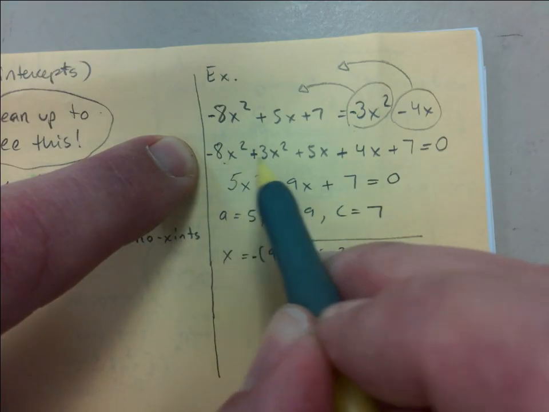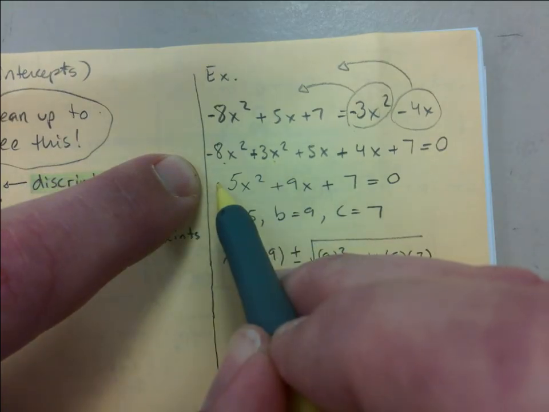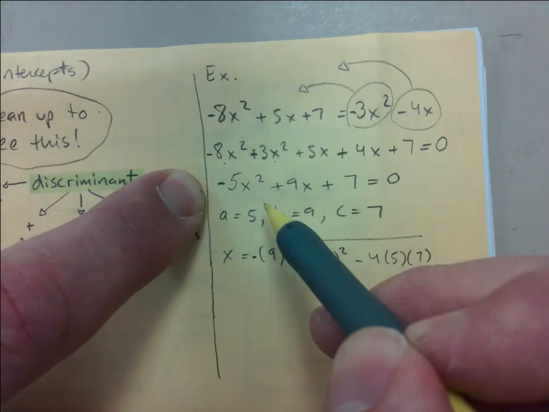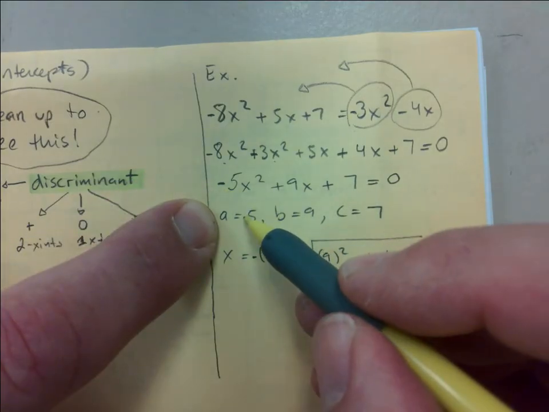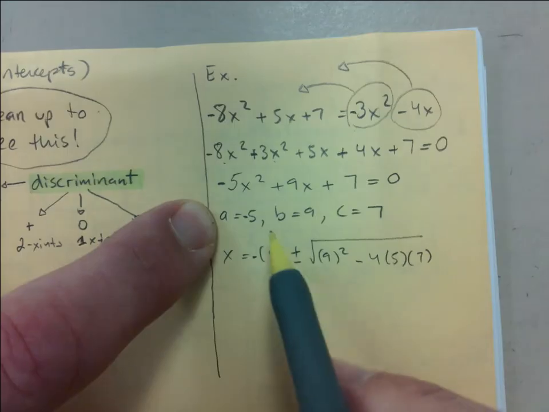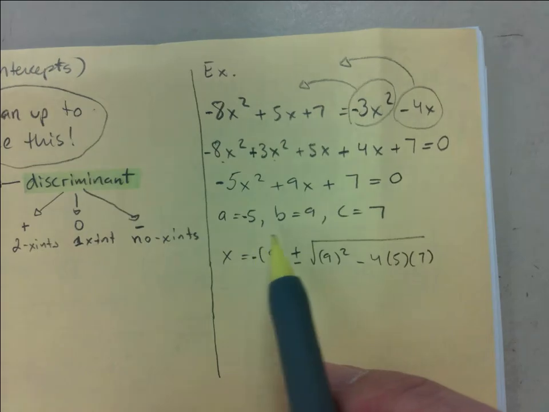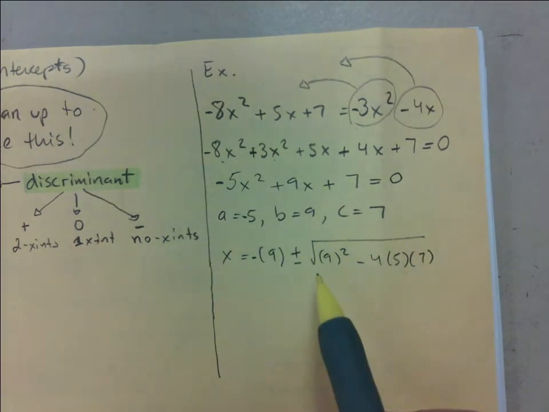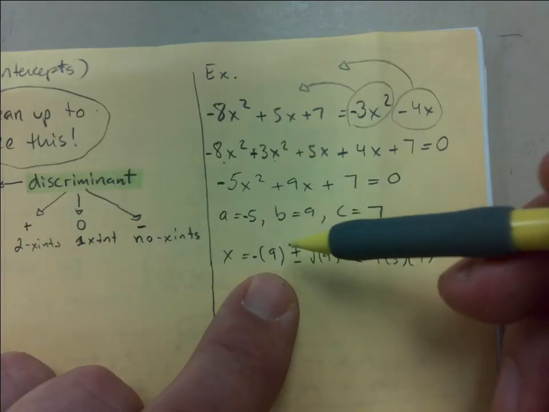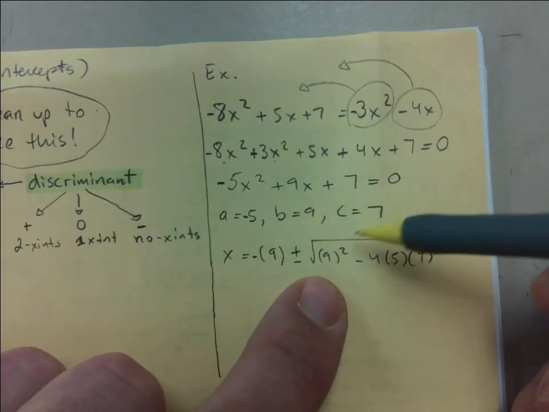Negative 8x squared plus 3x is negative 5x squared. That means that a is negative 5. So these are my new coefficients. We call these coefficients, right? So I have a negative, which means this stays. I don't have to make any changes.